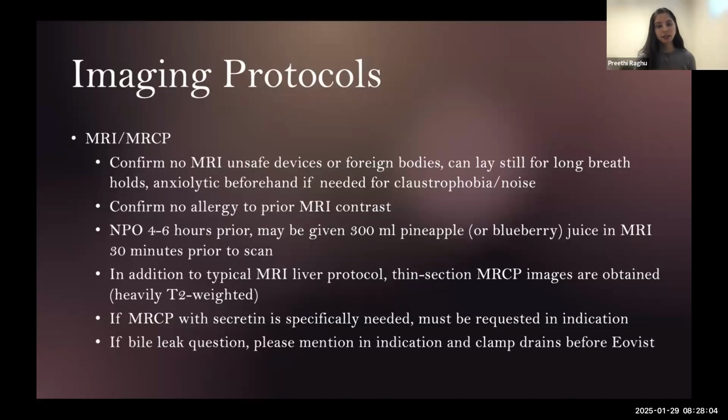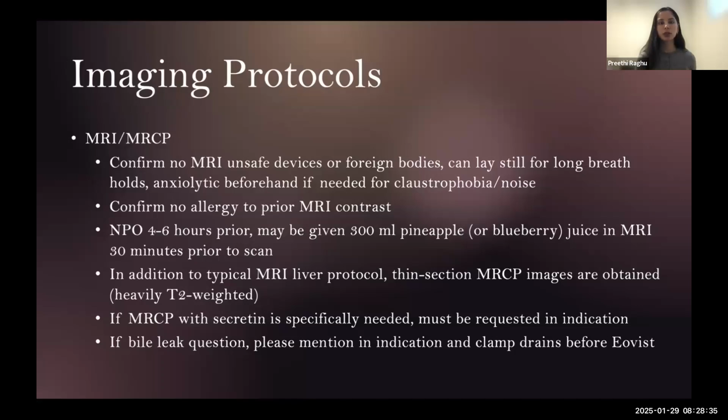And then as a side note, while I don't go into post-procedural, post-op in this talk, I do want to mention that if there is a question of bile leak for an MRI MRCP, please do mention that and clamp their drains before they come down, or otherwise we'll just do that if it's not already been done. But in those cases, it totally changes the contrast that we give.